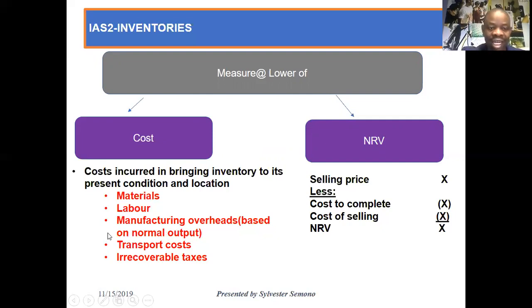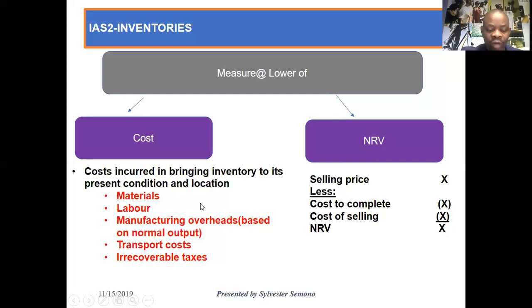So that's why I say material, labor, manufacturing overheads, as you know, are those costs which are incurred in the process of further processing that particular product. They are the indirect material, the indirect labor, and other overheads. Okay, as long as they're incurred in the process of manufacturing.